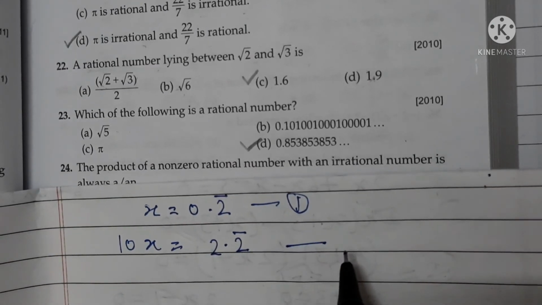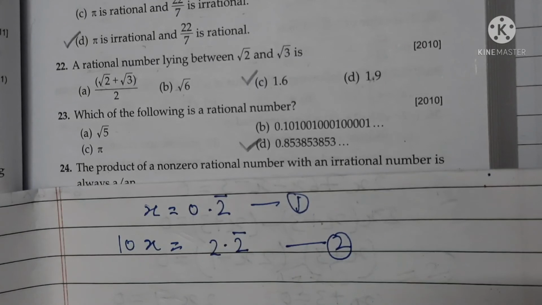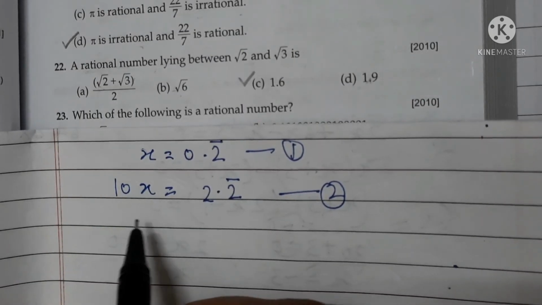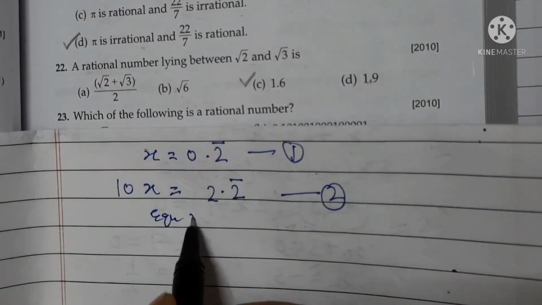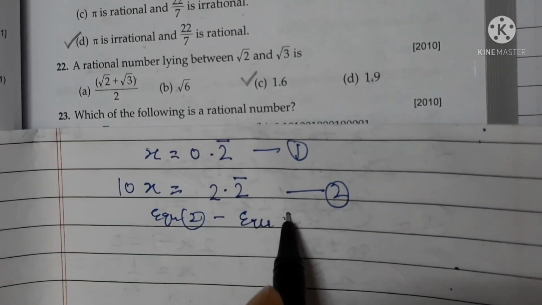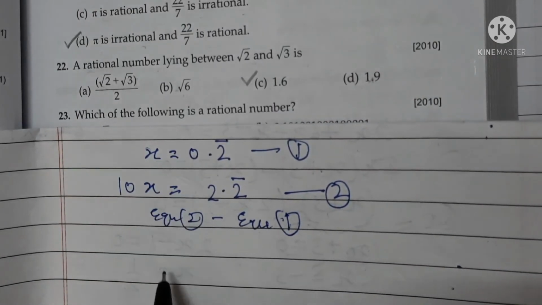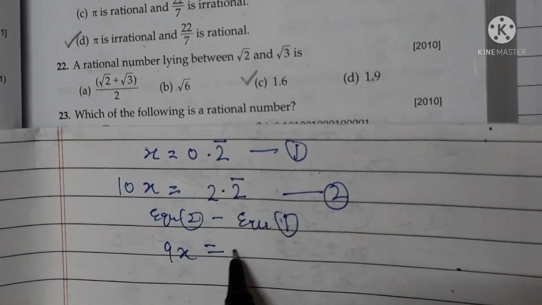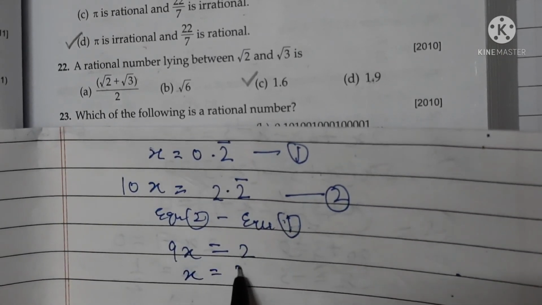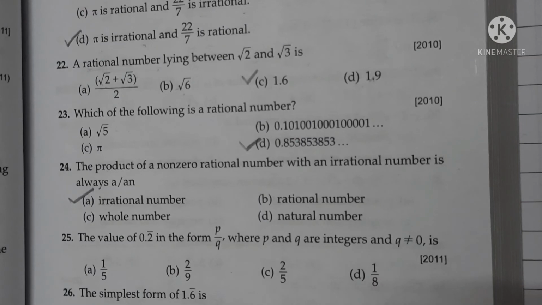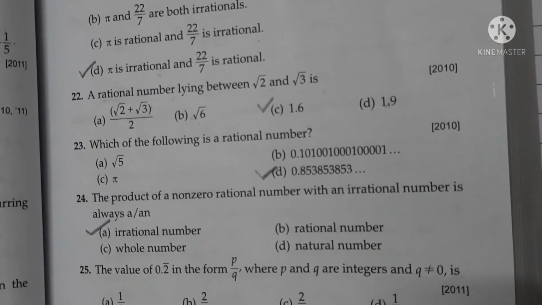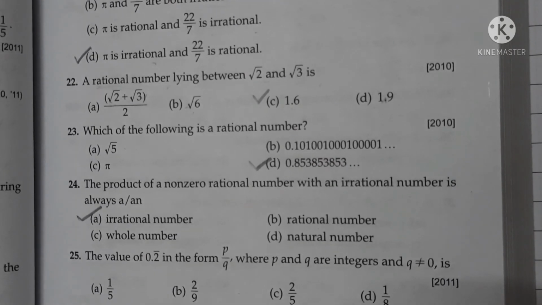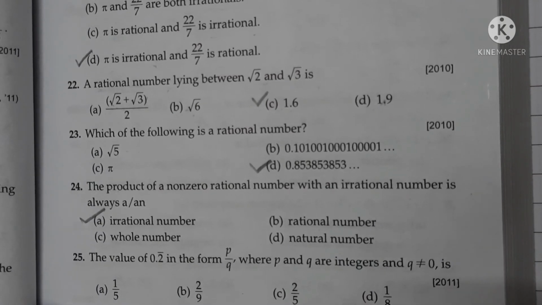This is equation second. Now subtract equation second minus equation first. 10x minus x, you will get 9x is equal to 2, the 2 bar cancels. So x is equal to 2 upon 9. Which option is correct? 2 upon 9, option B is correct.